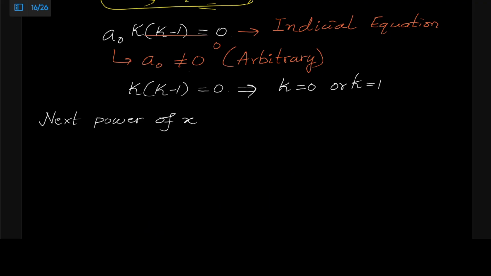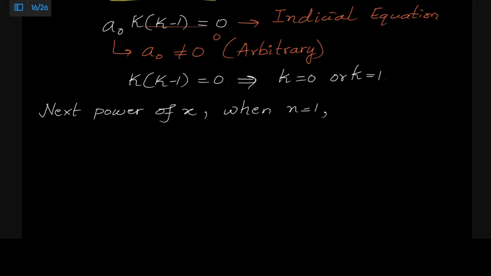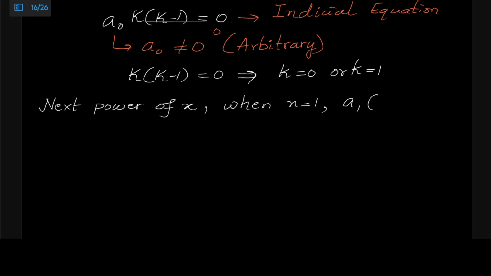So for the next power of x, when n becomes 1, your initial equation would be a1 into, just substitute the value of n here. So it is k plus 1 into k is equal to 0. Now since I have the values k is equal to 0 and k is equal to 1, use those values now, right?